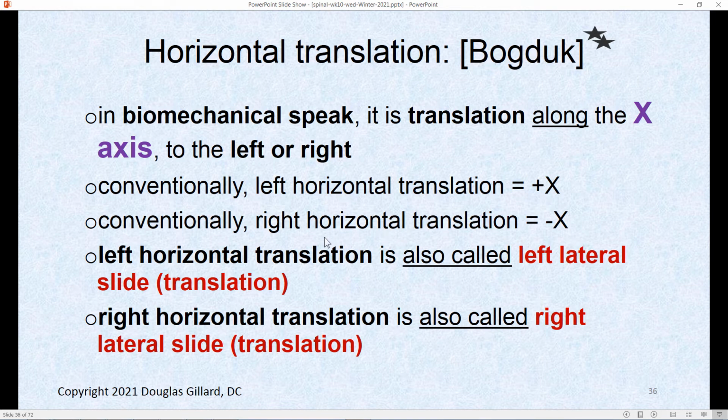A slip to the right in the horizontal plane is designated a negative slip. So you have a left horizontal translation, also called left lateral slide or left lateral slip, and you have a right horizontal translation, also called right lateral slide, or any combination of these words. Right lateral translation, right lateral slip, all mean the same thing.